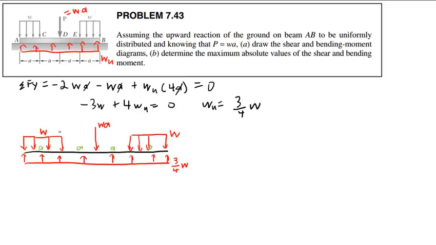Here I have a discontinuity where a distributed load terminates. Here I have a discontinuity where a point load is applied. Here I have a discontinuity where a distributed load begins, and here I have a discontinuity where a distributed load ends. So I have 5 discontinuities, which means I will have 4 cuts. The discontinuities are the boundaries between the cut zones.